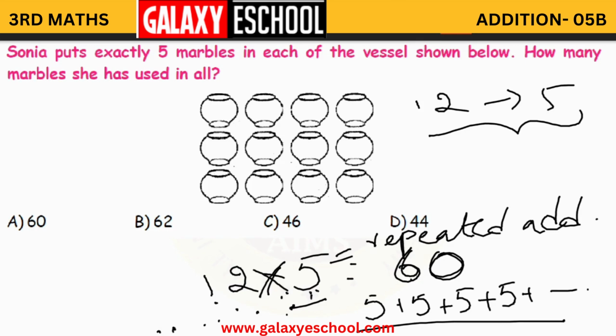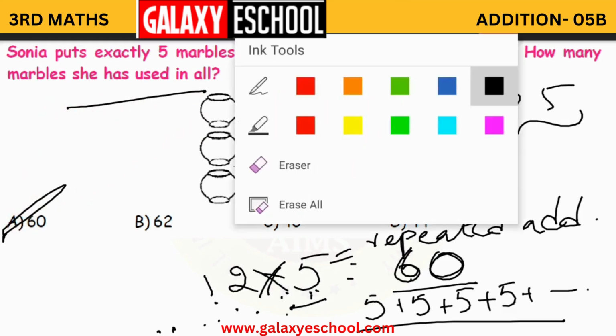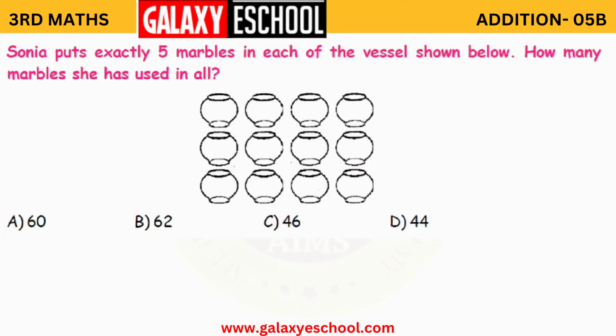Now 12 5s are 60. So the answer for this question is option A, 60. Sonia used 60 marbles in all. Understood, children? See, this is how we solve this question. Why did we multiply? Because multiplication is nothing but repeated addition.